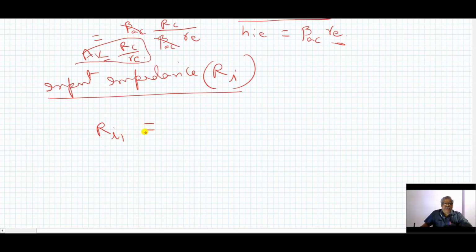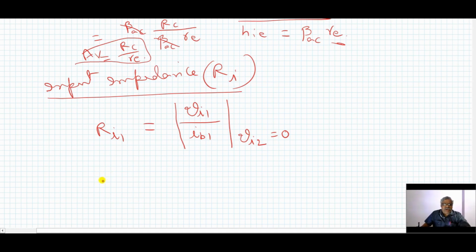For example, if you are viewing between the base of the first transistor with respect to ground, then the input impedance RI1 can be defined as VI1 divided by IB1, the ratio of the input voltage at base 1 to the base current, when the other input VI2 is set equal to 0.